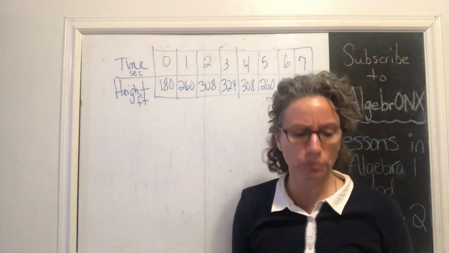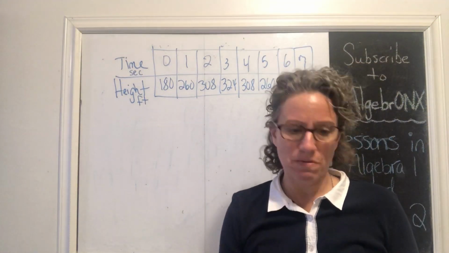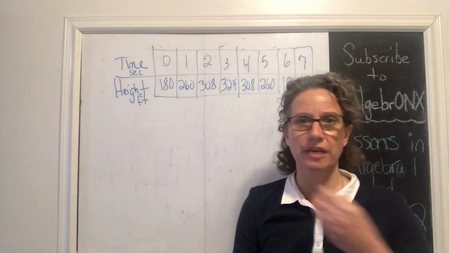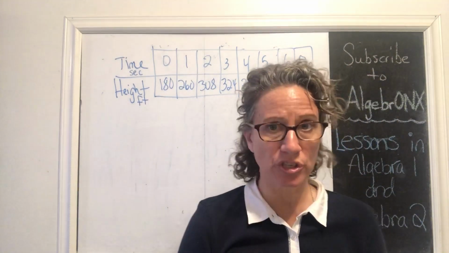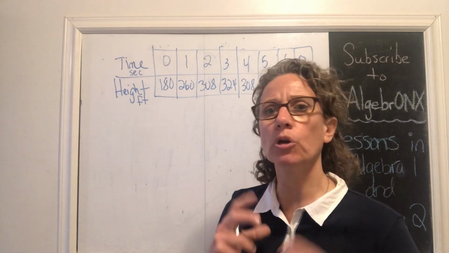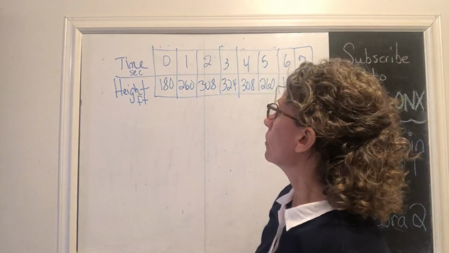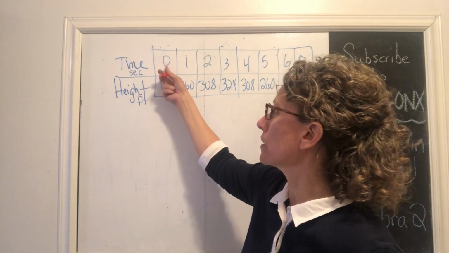Okay, so based on the data, it wants which statement is not a valid conclusion, and it gives you 4 statements. But before we do this, I am going to suggest that you analyze the table and pull out some important key points to this table. Okay, first of all, 0, 180, this is a starting time.